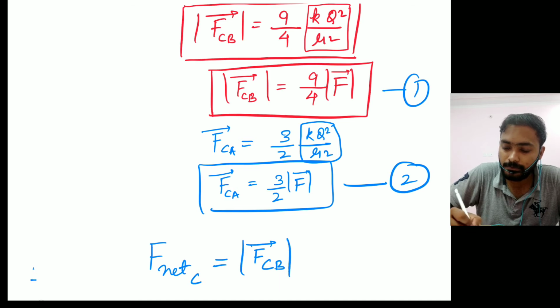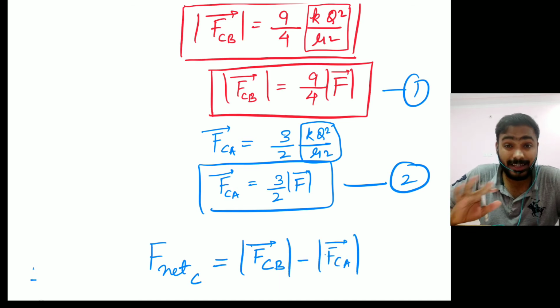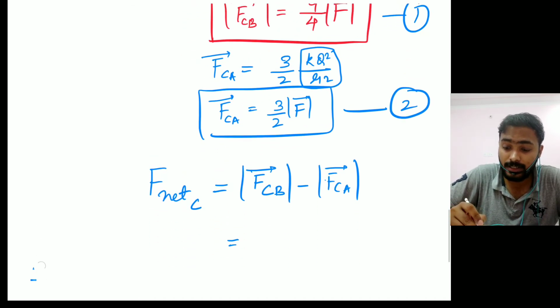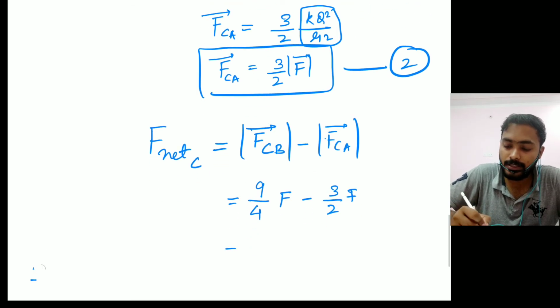FCB minus FCA, right? You're talking about magnitude only, right? So this is something which you have to understand. Only magnitude here. So the first one was 9 by 4 times F minus 3 by 2 times F. So you guys can do the simple calculation. Take 4 as LCM.